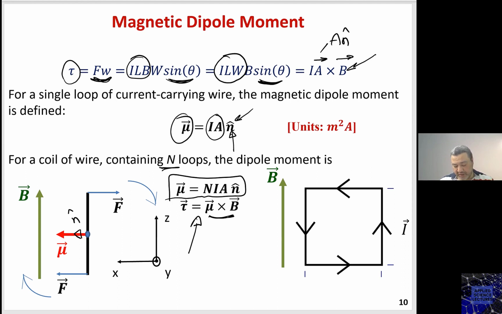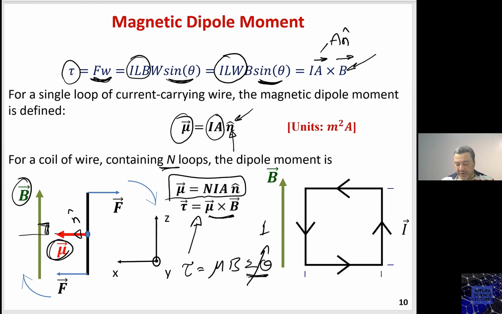It only implies that the magnitude of the torque is indeed mu B sine theta, where theta is the angle between the magnetic dipole moment and the magnetic field. Right now, at this location, I have an angle of 90 degrees, and here I have a maximum torque. The torque is maximum because sine theta now is going to be 1.